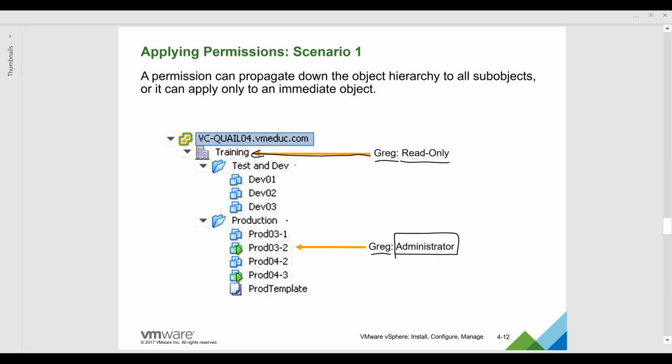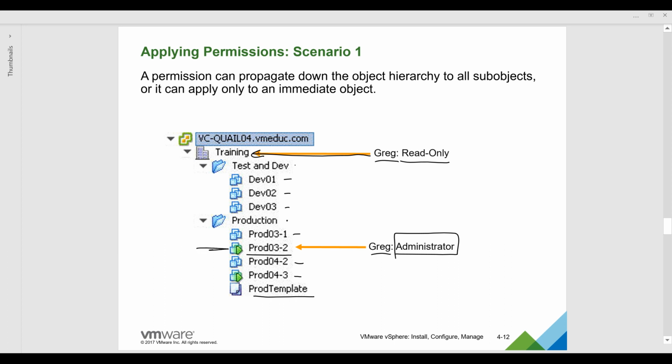So, with that being said, Greg can only read, he can only view the status and what it is on Dev 01, 2, and 3, Prod 031, Prod 042, 043, and the Prod template. But Greg is an administrator over Prod 032 and can make changes on that virtual machine on that object here.